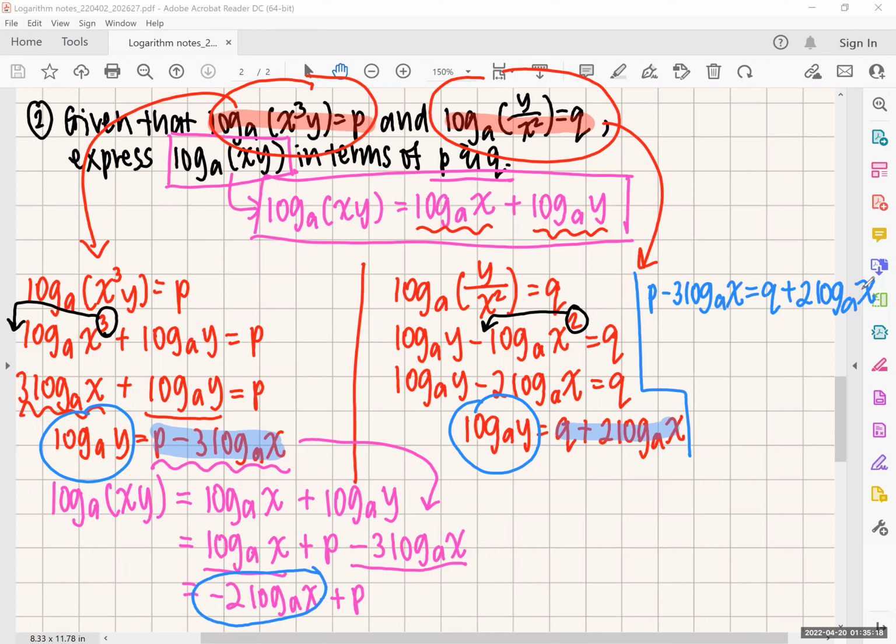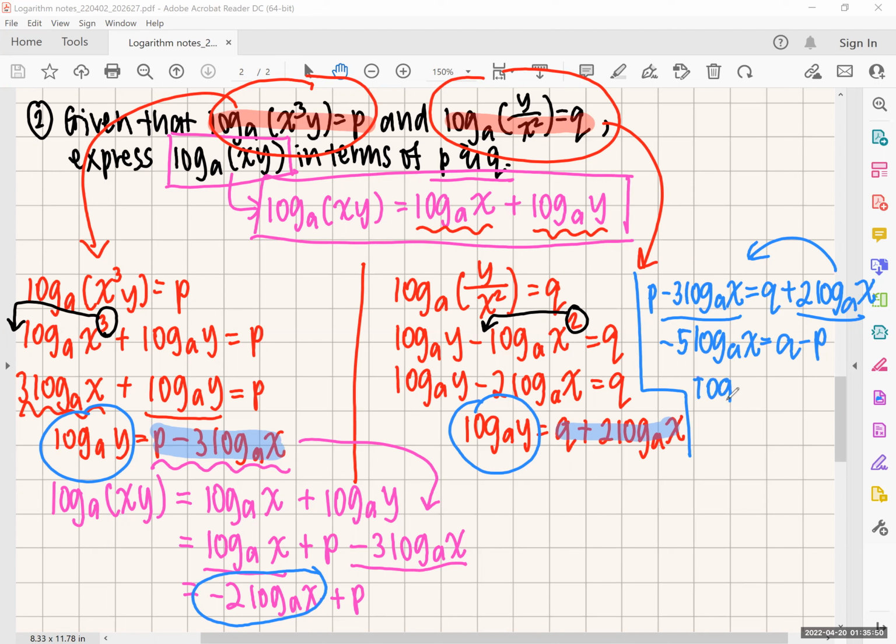Then I can make log AX the subject because I can technically get rid of one unknown, which is the Y. Okay, so this one stays, this one I bring over. So that will give me a minus 5 log AX is equal to Q minus P. Almost there. So I'll get rid of the minus 5 right away.